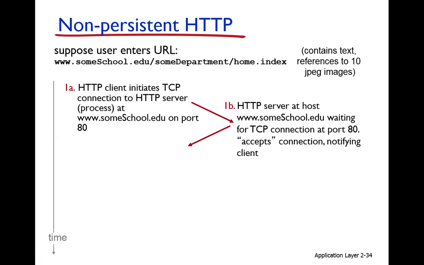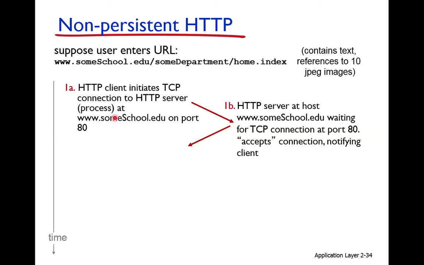First of all, when the client initiates a connection, TCP sends a connection request to this machine, using its IP address. The machine name and IP address are taken from the URL, and the port number is 80, because each application is identified by two things: IP address and port number.